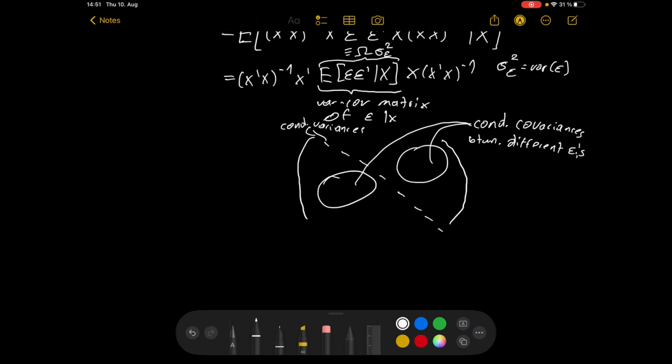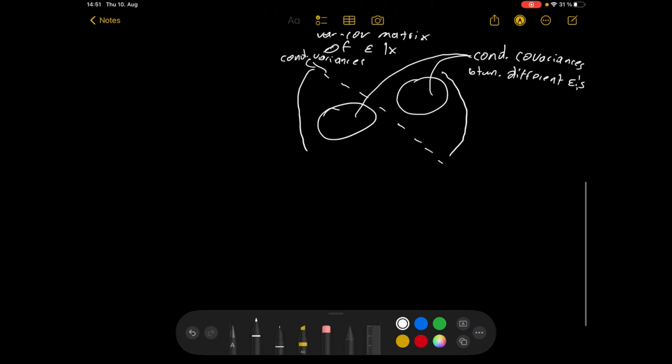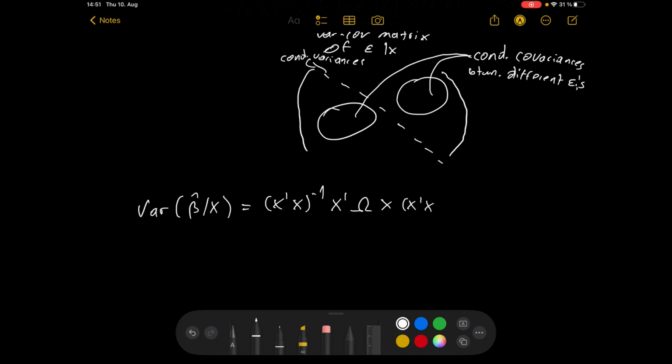I mean, you can multiply or divide a matrix by 5 and pull out a 5 in front of the matrix. That doesn't really change too much. All right, so what we get is that the variance of beta hat conditional on X is equal to X prime X inverse X prime omega X X prime X inverse times sigma squared epsilon. So this is a scalar.